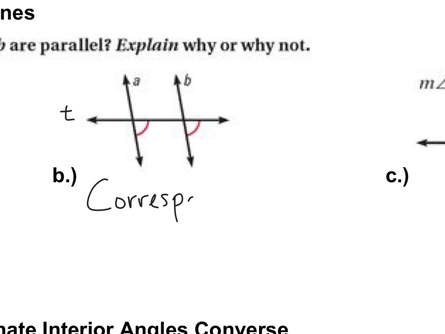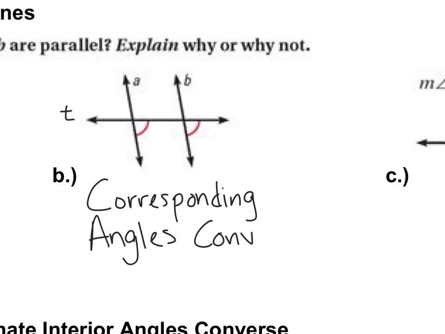Because they are congruent, then by the corresponding angles converse, we can say that the lines are parallel. Again, it helps us to know what these angles are. In this case, they are corresponding.